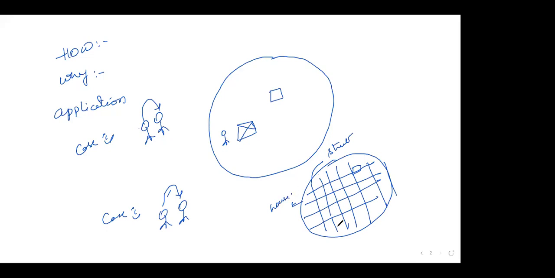I said, come to 5th street. And here first house, second house, third house, fourth house. And my house is the fourth house.